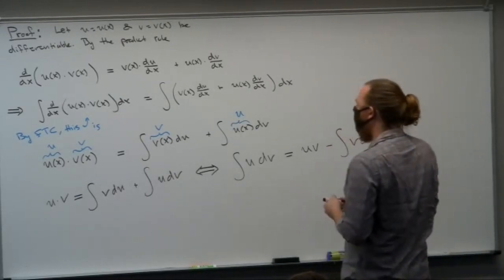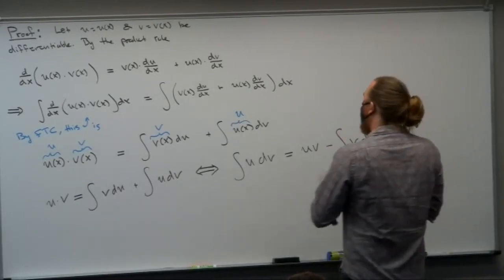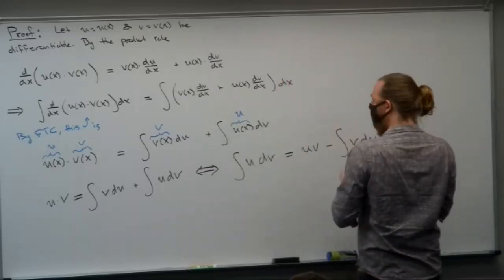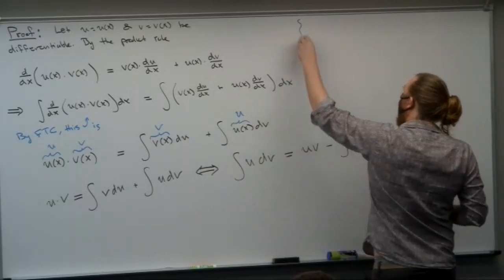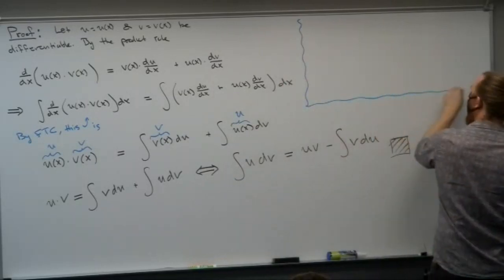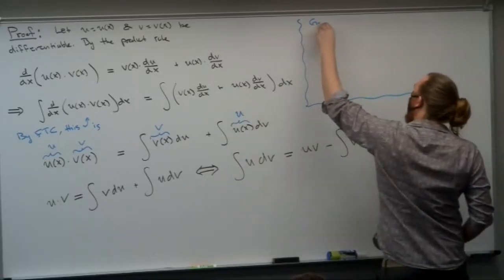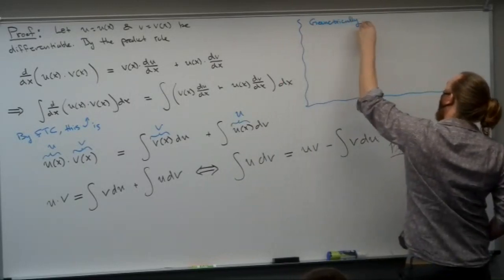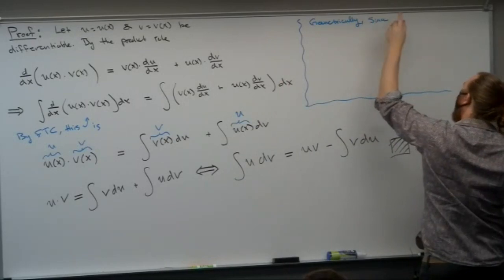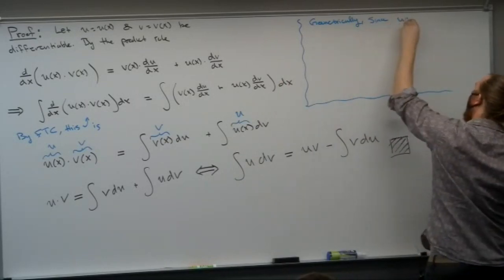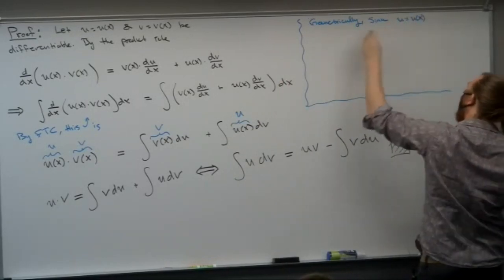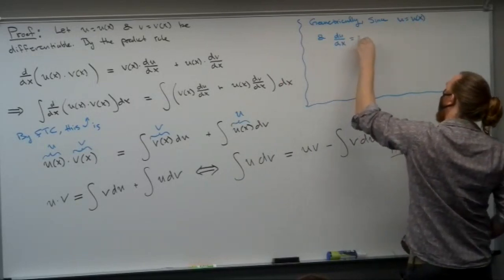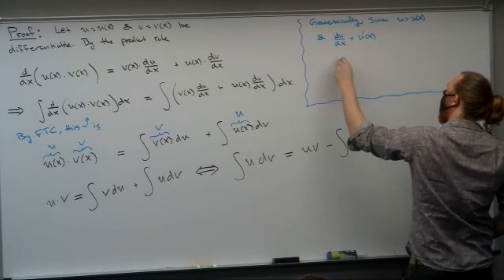If I wanted to be very, very careful about it, and you don't need to write this down, since u is u of x and du dx would then be u primed of x.